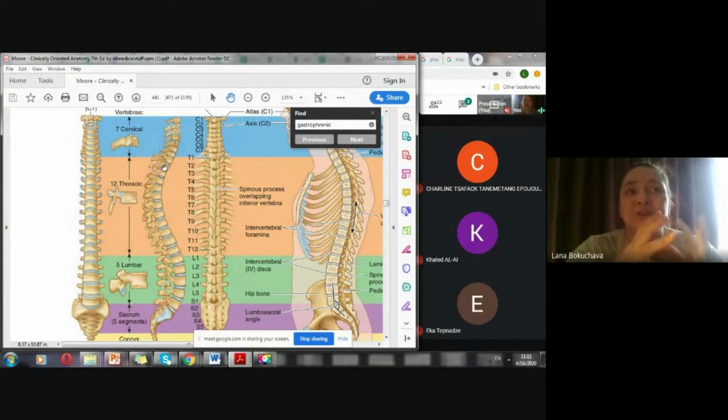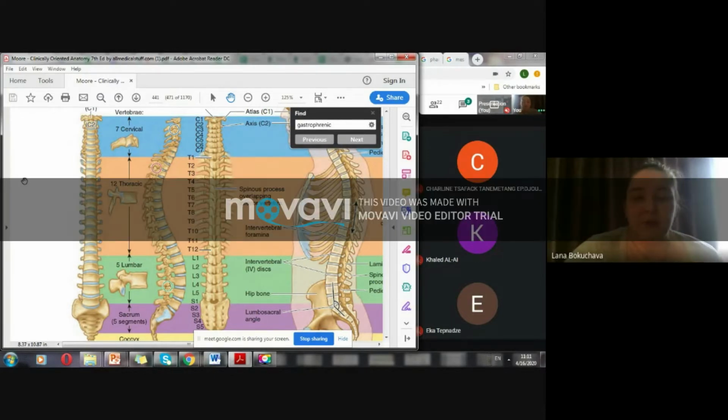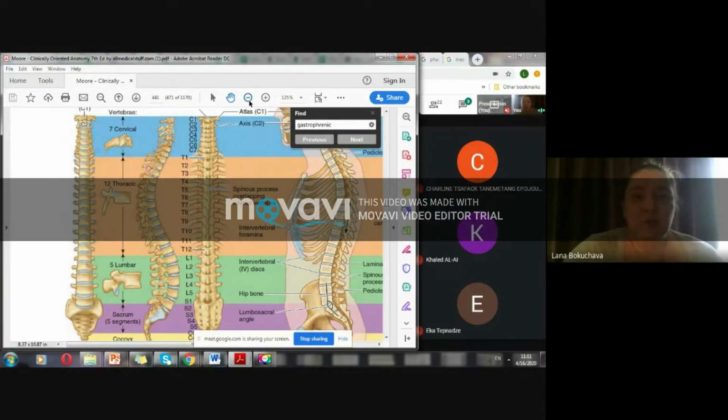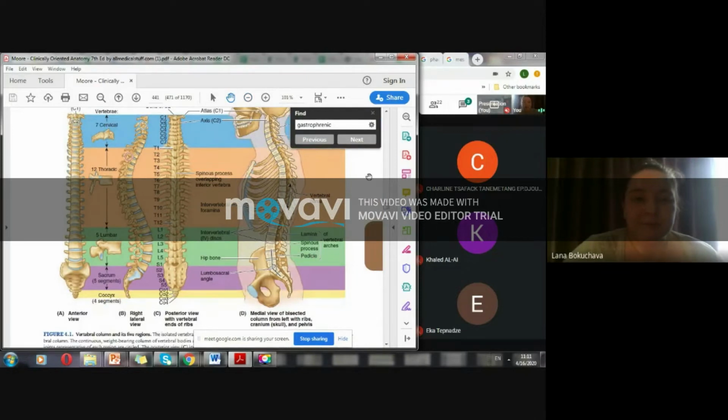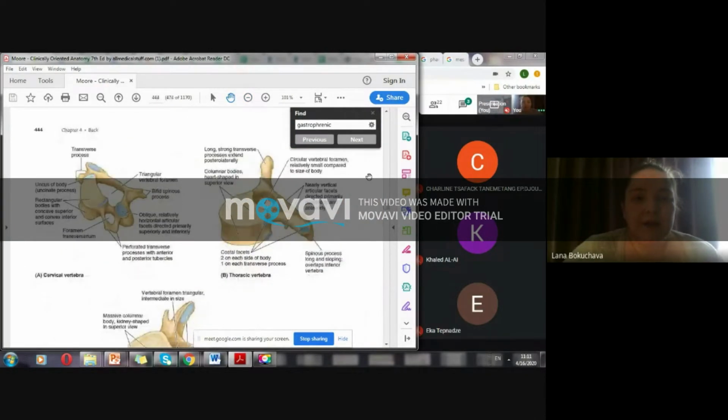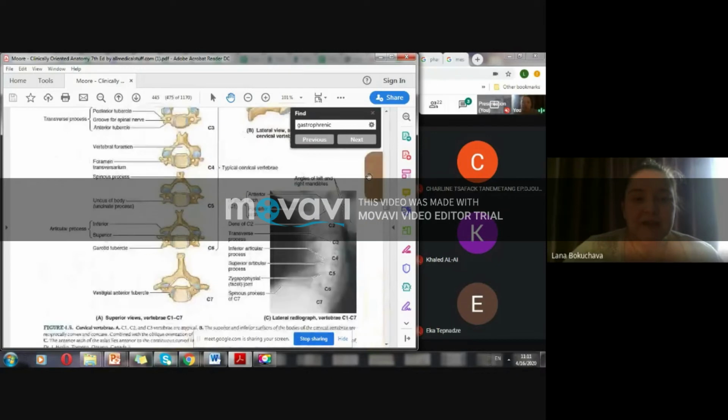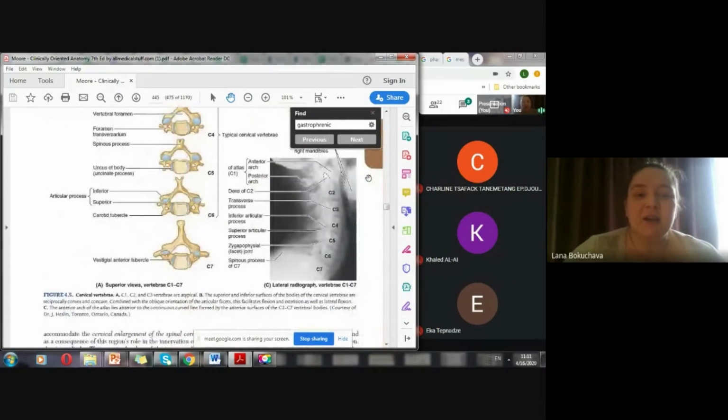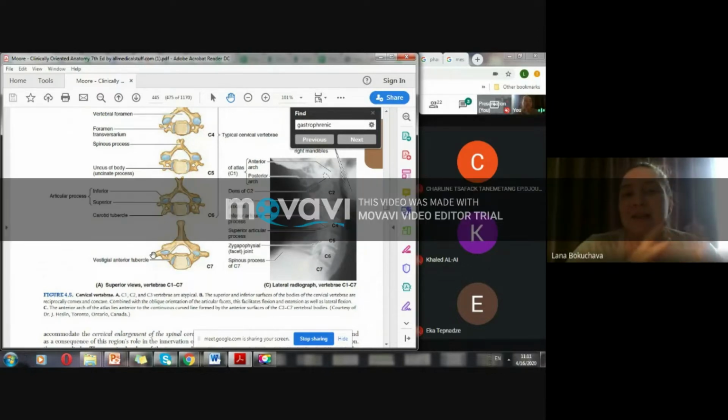Because the seventh vertebra is much larger compared to all of the others, as you could see from this picture. Let me zoom it out, please. Yes, here it is. Can you see the transverse processes? You can see that they are also mainly laterally oriented, and as a result these small resemblances are still seen here.